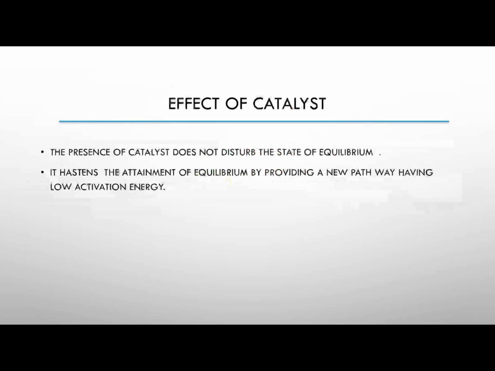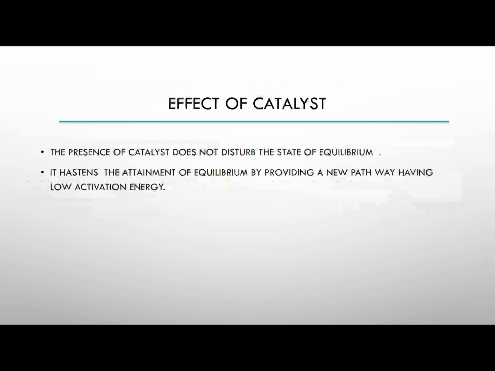Another factor is the effect of catalyst. A catalyst is a substance that can influence the rate of chemical reaction, but is not consumed itself and remains unchanged after the reaction.